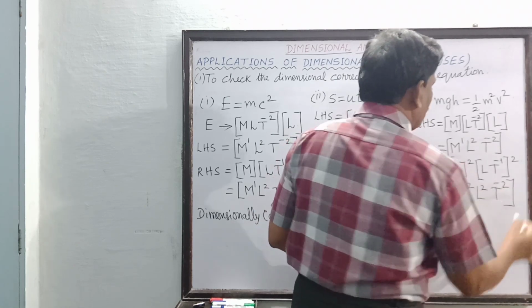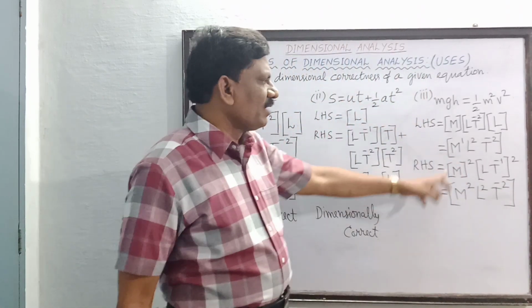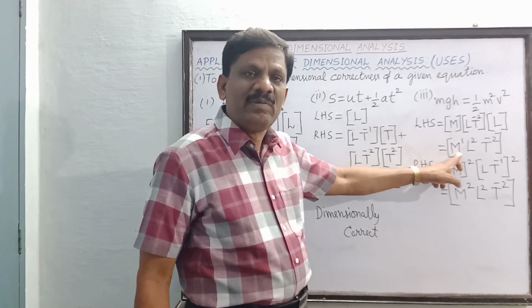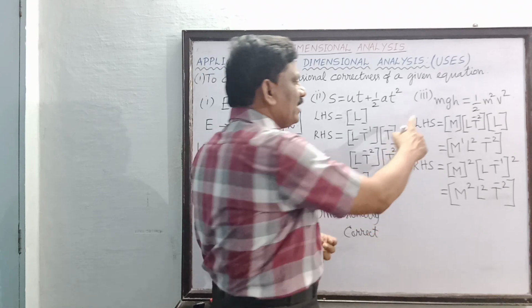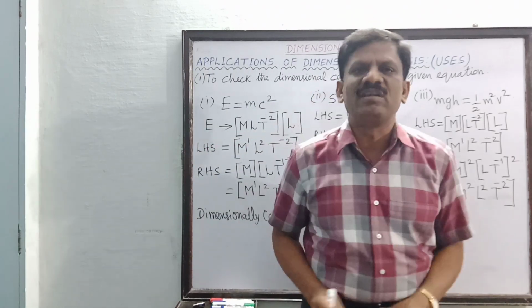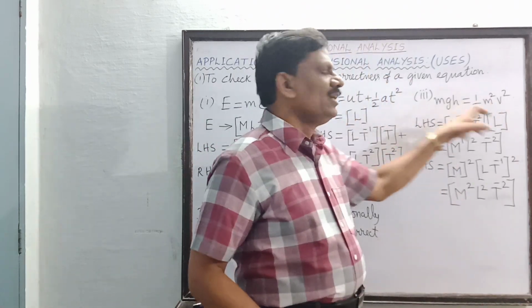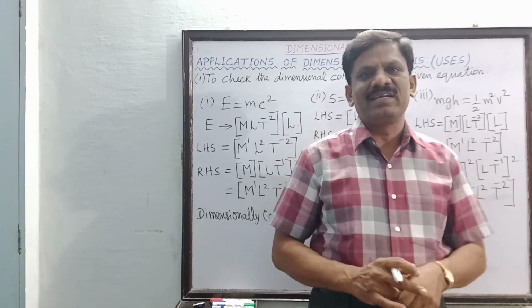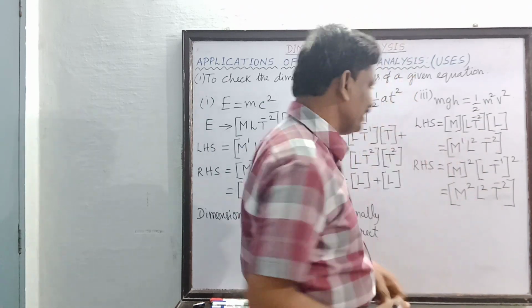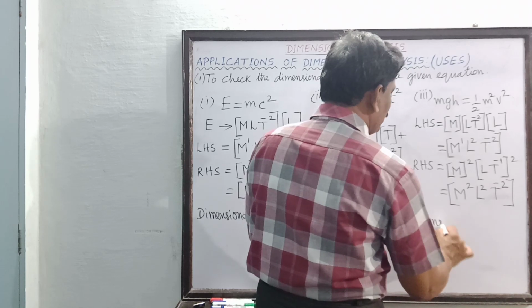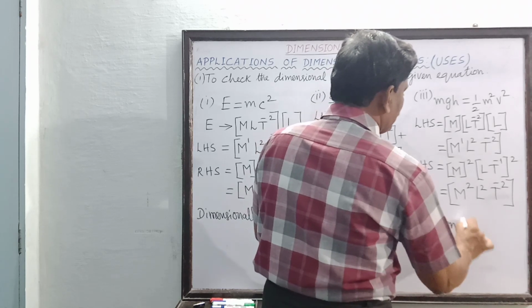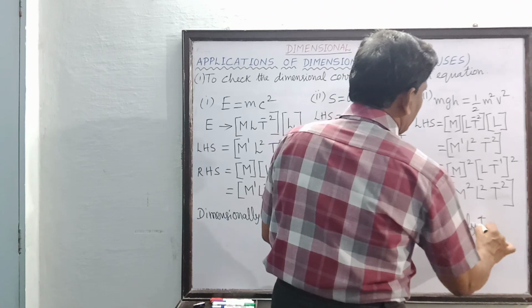So here, what is the dimensional formula of the left hand side? M power 1. Here what is it? M power 2. So LHS and RHS do not have the same dimensional formula. Means this equation is not correct. It is dimensionally incorrect.